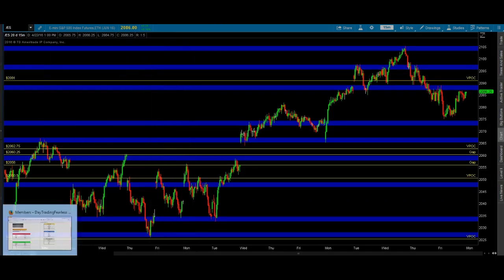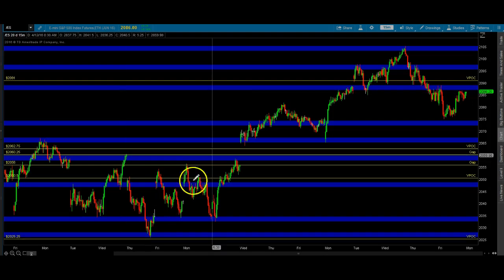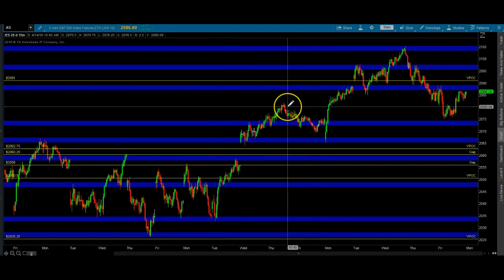So that's all you need to do. Again, if you're using another broker, just take these numbers and plot them on your charts.